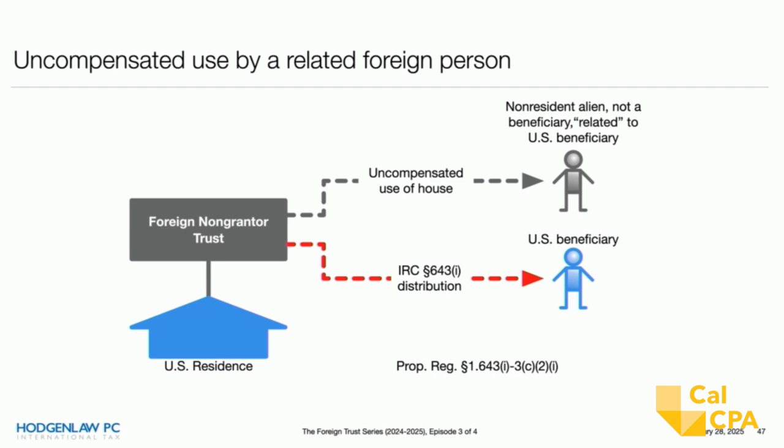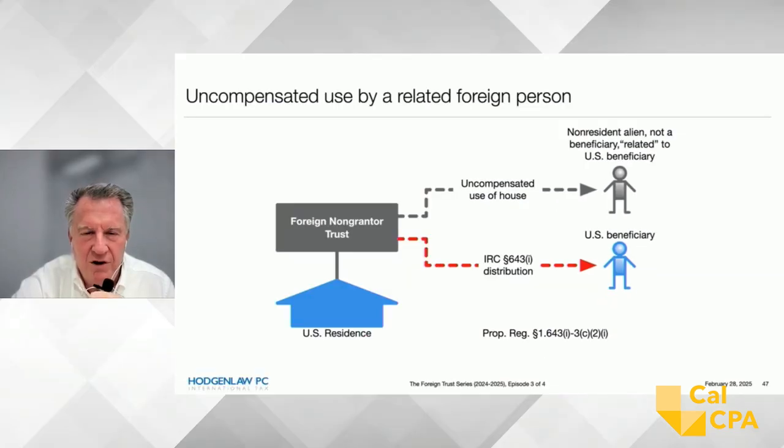So this is where the problem lies. Number one, the fact that related parties use the place and create taxable liability for the U.S. beneficiary. Number two, if the trust accounting is not squeaky clean, there's going to be some income tax to pay because we're using the default method on Form 3520.